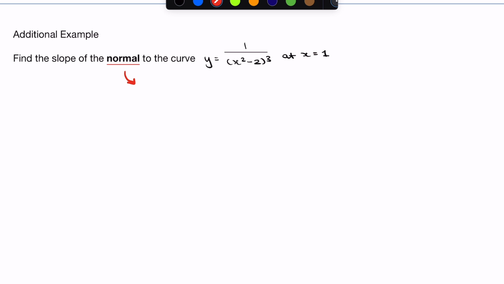The normal is a line through the point of the tangent that is perpendicular to the tangent.